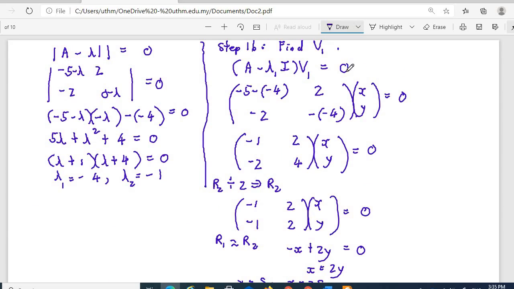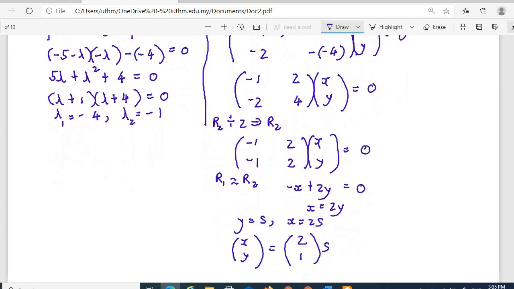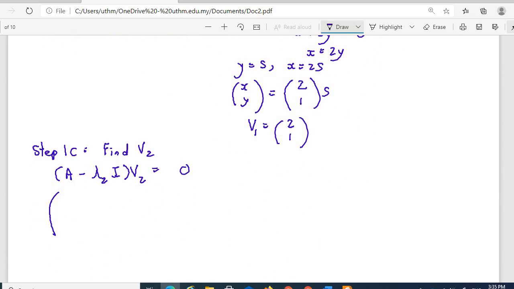So negative 5, lambda 2 is negative 1. This is 2, this is negative 2. This is minus lambda because this entry value is 0, so lambda is negative 1.